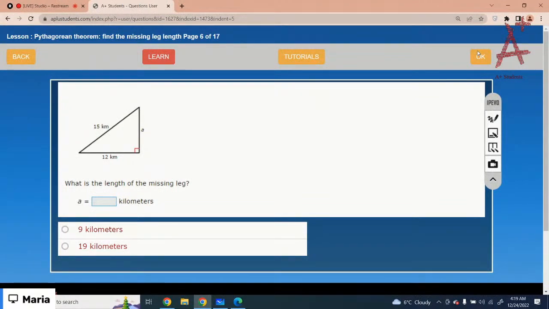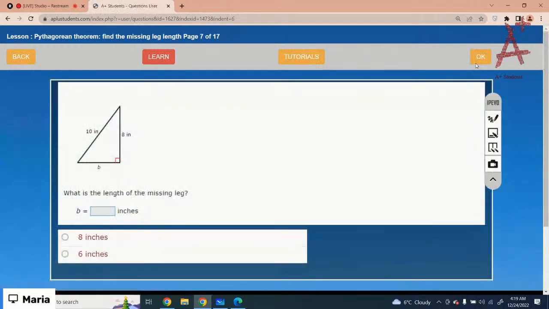So 225 minus 144 is 81, so the correct option is 9 kilometers. Yes, very good. Just select the correct option, then click on the OK button.